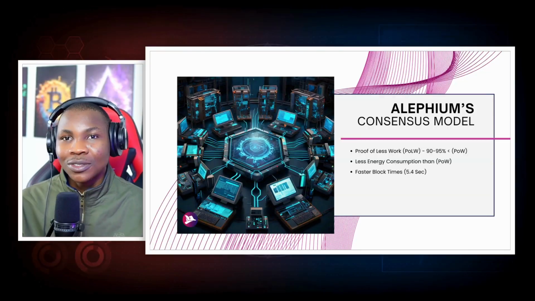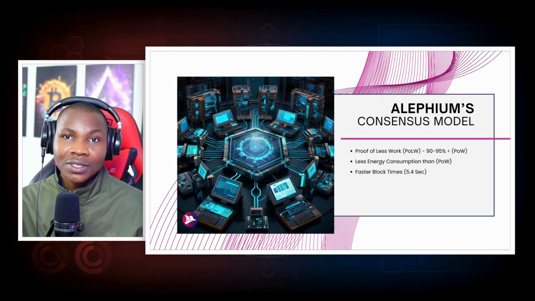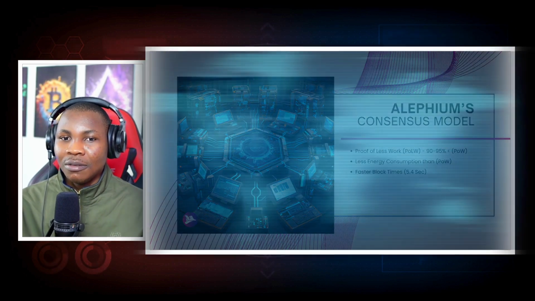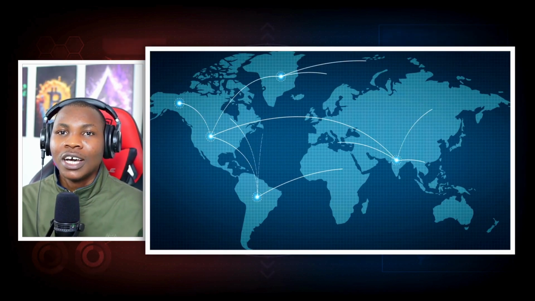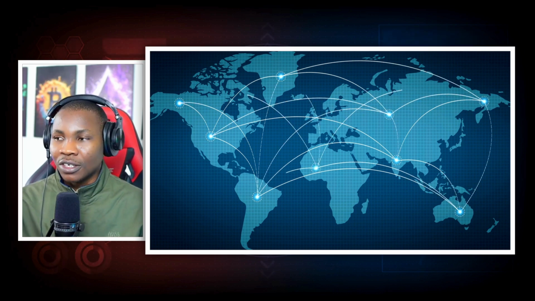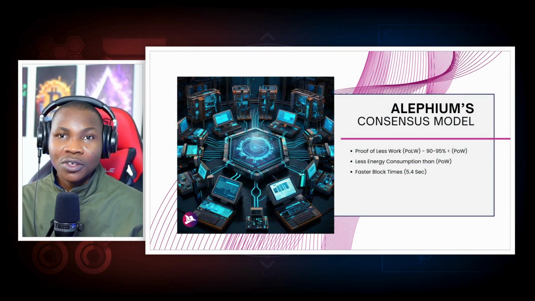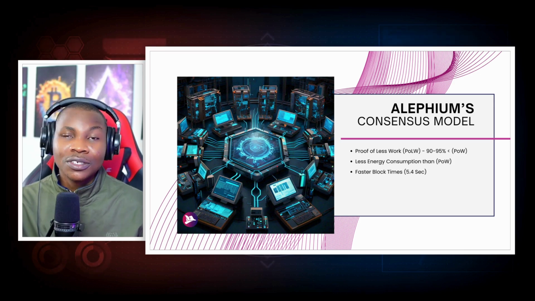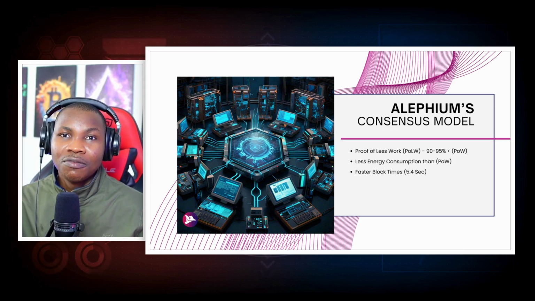The second one is the consensus model or the consensus algorithm. Consensus algorithm is the method by which transactions are validated on the blockchain. Okay, so for example, Bitcoin uses proof of work, and Ethereum does use proof of stake.